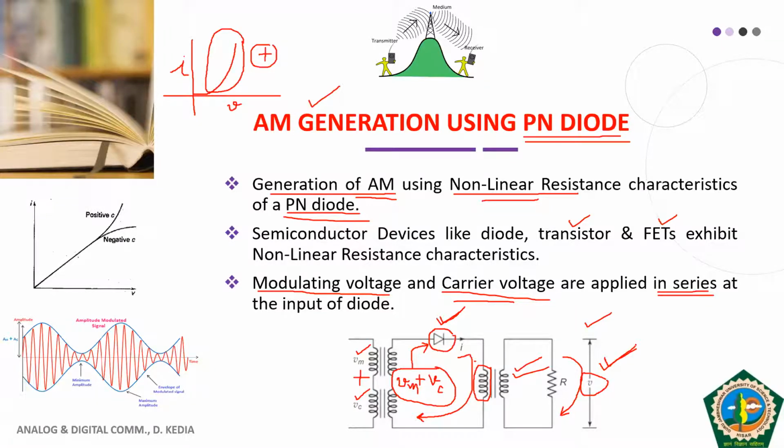I'll show you in the next slide which components are there and how we get the full AM signal. I hope all of you are able to understand this diagram, how we are passing the sum of two signals, the modulating signal and the carrier signal, through the non-linear resistive diode, and how we get the output signal. So now let us move forward.